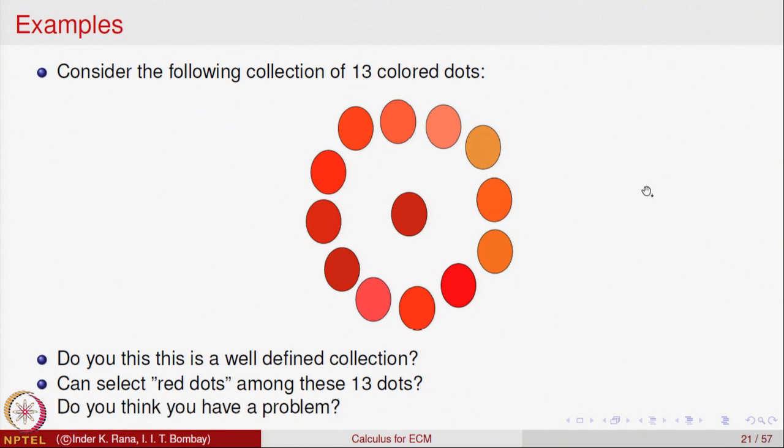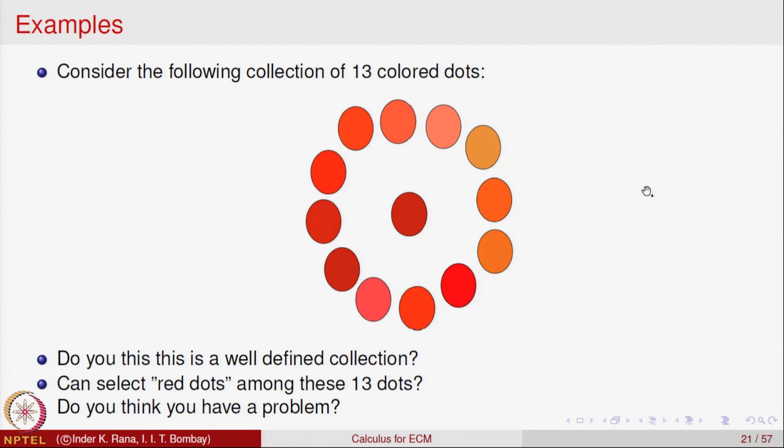So, there is a problem: we have a problem of selecting red dots among the 13 dots. What does that mean? That means the term red, or the color red, means different things to different people. It is not well defined. If it is well defined, it should mean the same to everybody, but different persons visualize red differently.